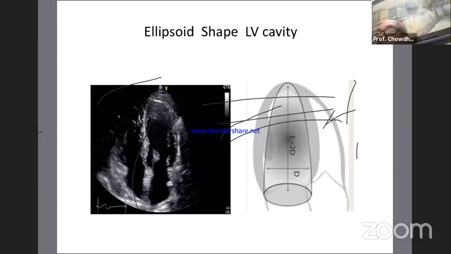So many people hate to use this method nowadays, but for practical purposes, I think it is reasonable to use this, especially when the patient has reasonably normal left ventricular function.